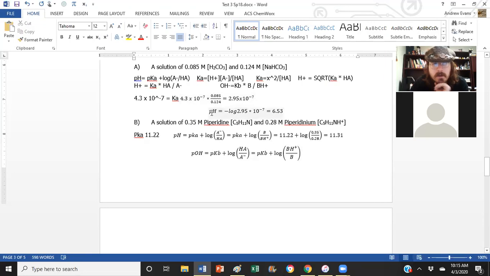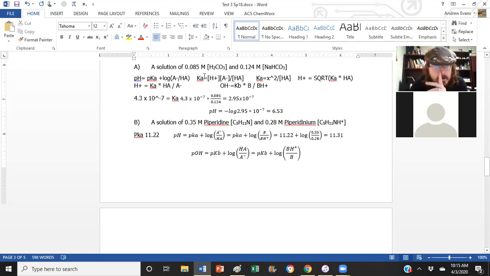But as I said, have all the equations in front of you when you work on this test. Don't feel like it's cheating to have all the equations you could possibly use. Just make sure you label them carefully. This is Henderson-Hasselbalch, which comes from this, which comes from our K, which comes from that.